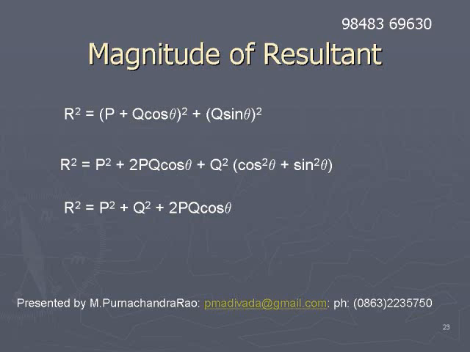So, R square is equal to P square plus 2PQ cos theta plus Q square cos square theta plus Q square sin square theta.